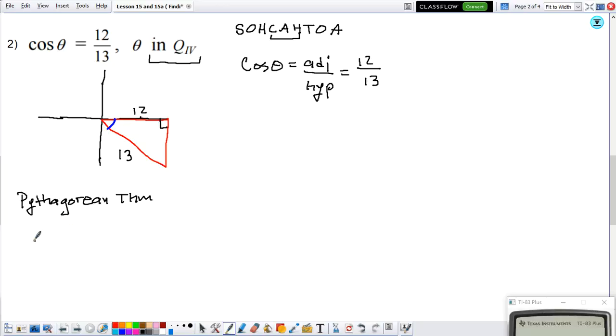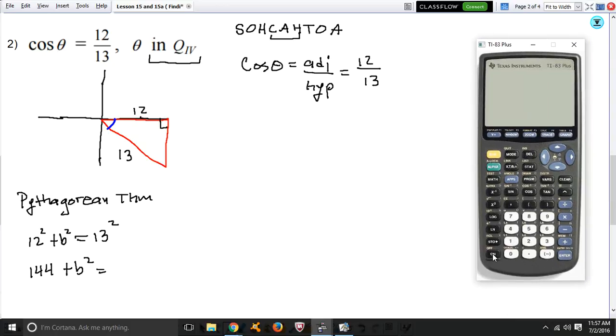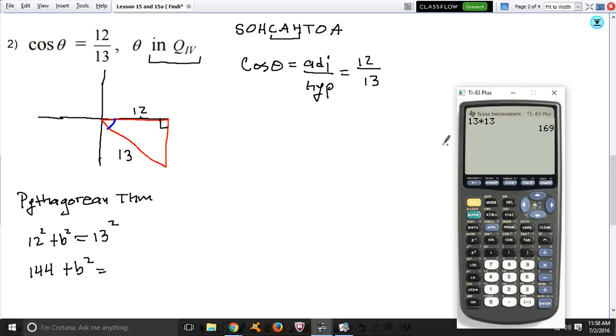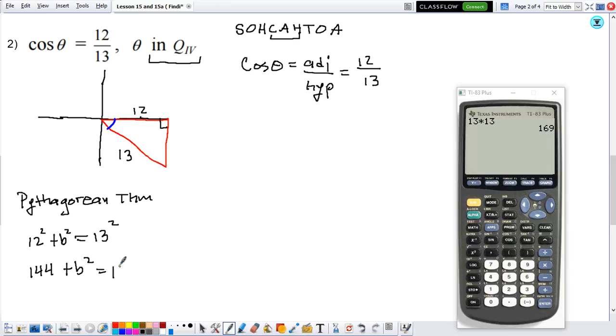We know that the adjacent is 12, so 12 squared plus b squared, because we don't know the opposite, is equal to 13 squared. So 12 squared is 144, plus b squared equals 13 squared. Is that 169? Let me just double check. So 13 times 13, it is 169.